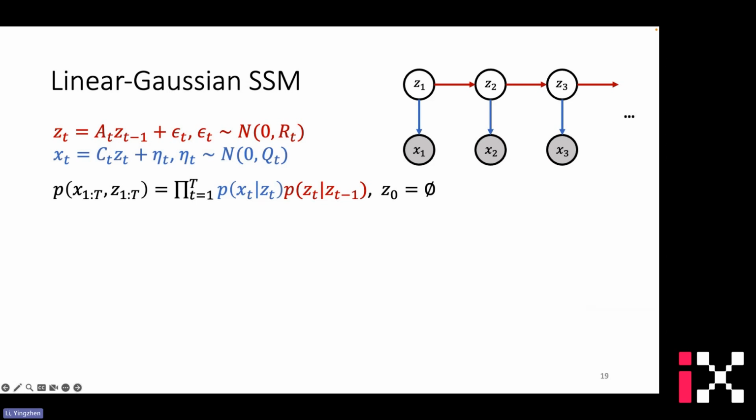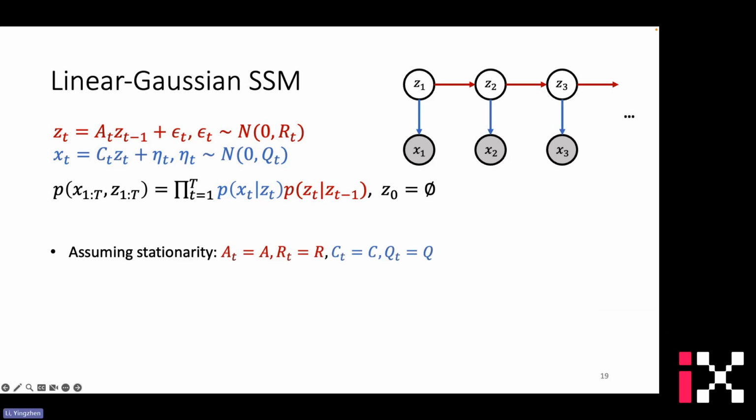So x is a linear function of z plus also a Gaussian noise. This builds a state-space model that gives you a joint distribution of x1 to T and z1 to T, factorized in this way. I think this can be seen also from the visualization of the graphical model here.